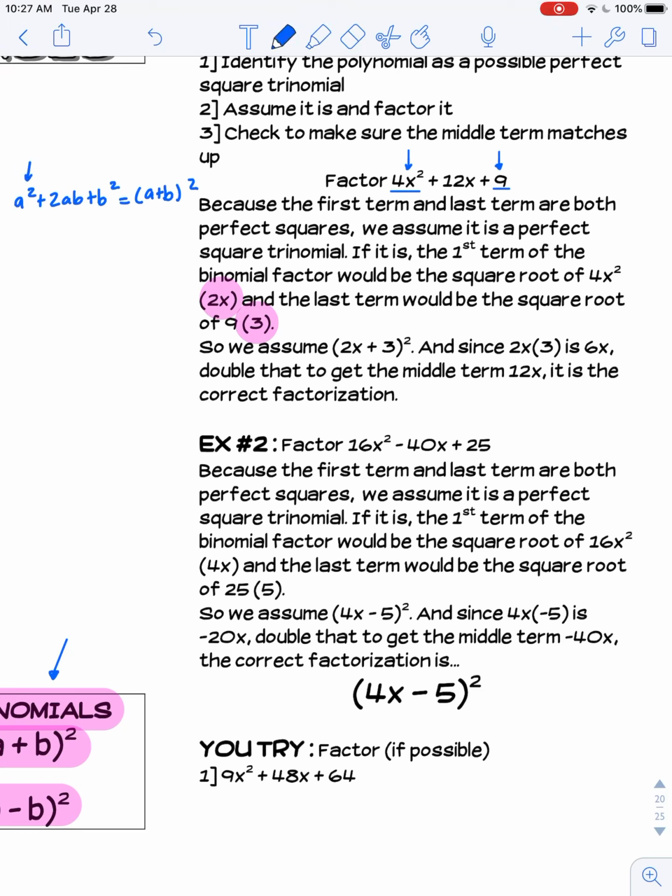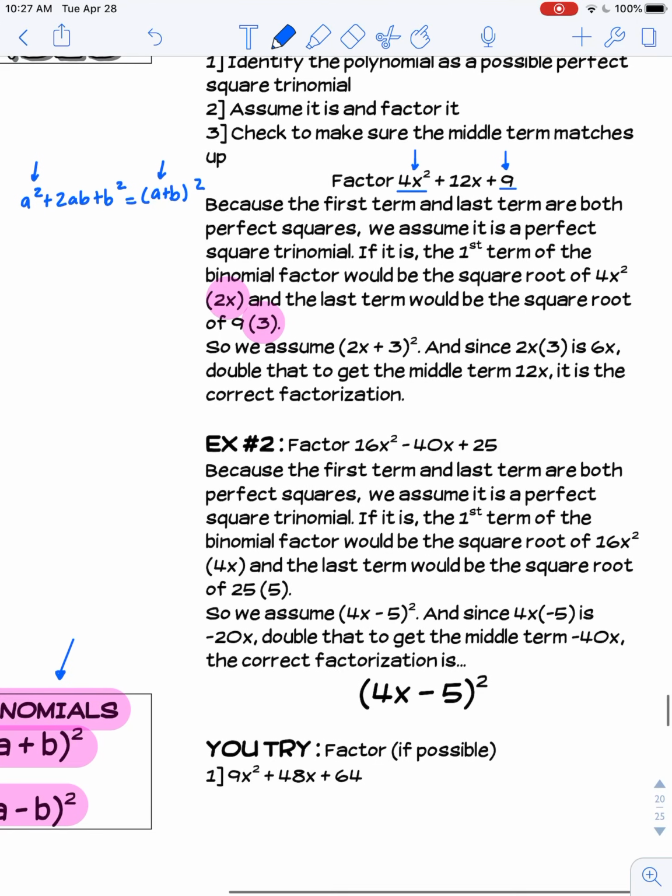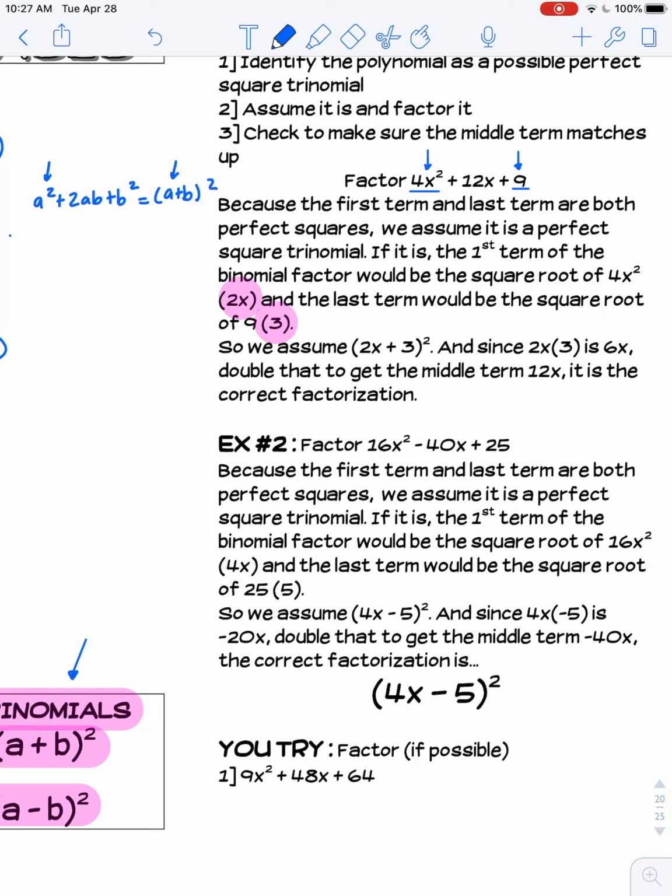So, let's look here. The square root of a squared is a. So we have 4x squared plus 12x plus 9 equals. The square root of 4x squared is 2x.